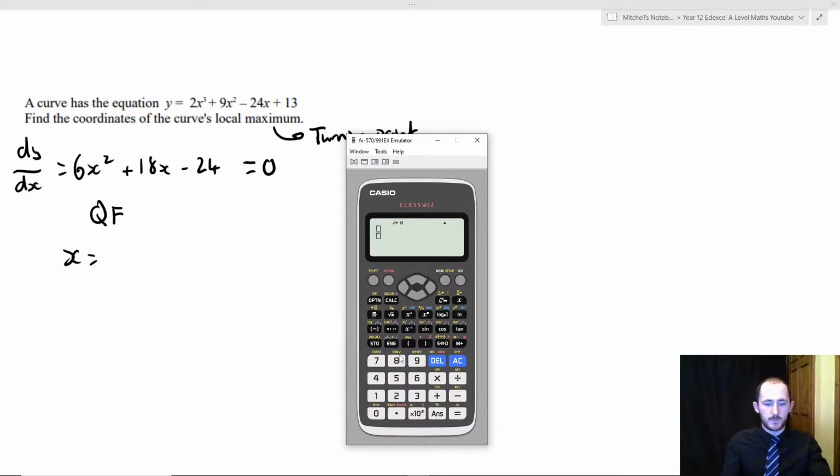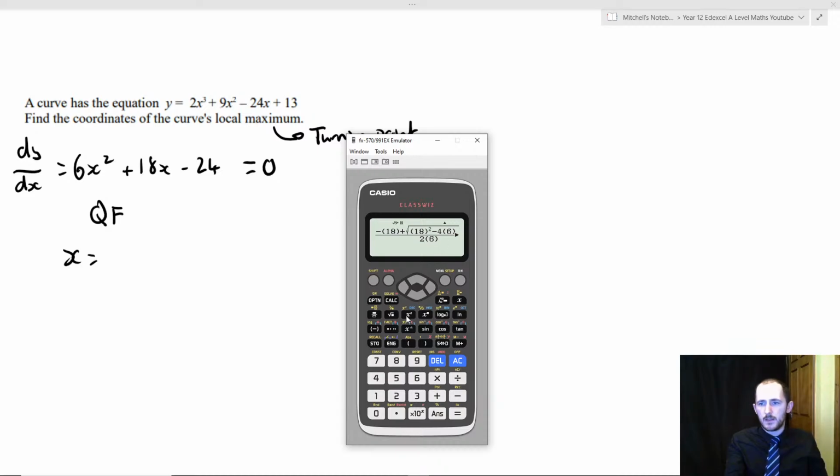So we have minus b, so minus 18, and then plus or minus, let's start with plus, the square root of b squared, so that's 18 squared, minus 4ac. a is not 2, I made a mistake there, a is 6, and c is minus 24, over 2 times 6.